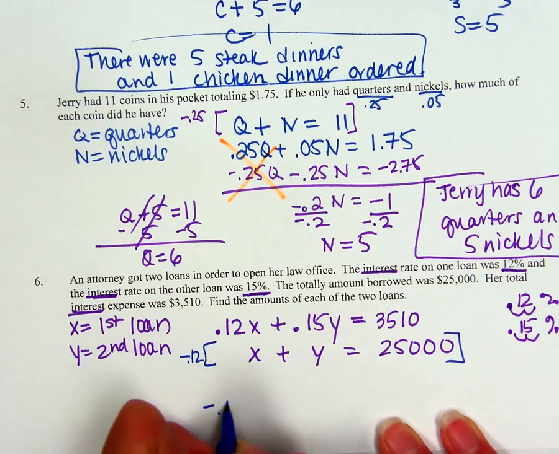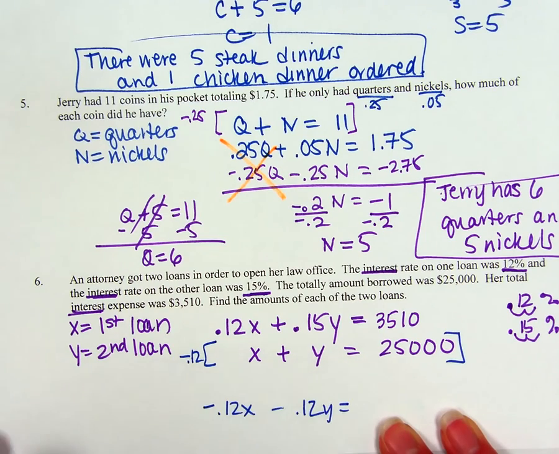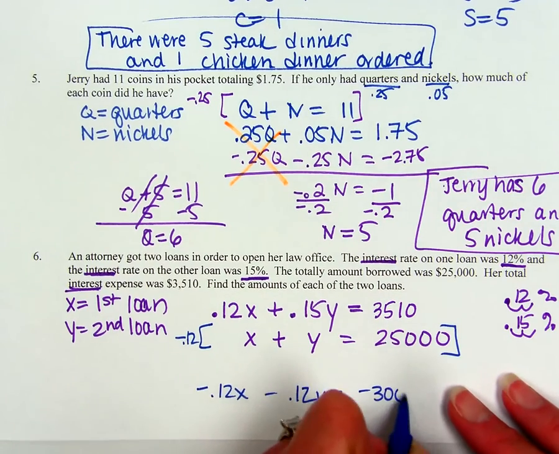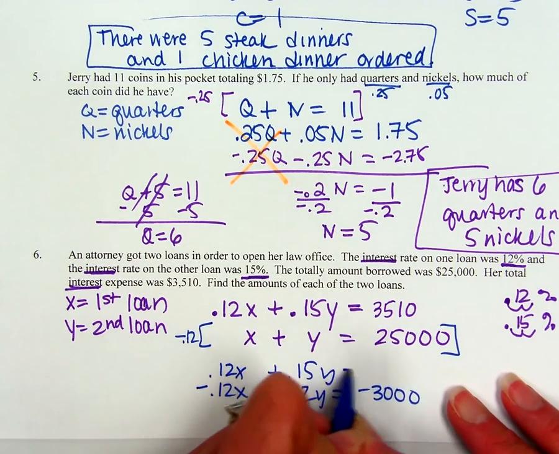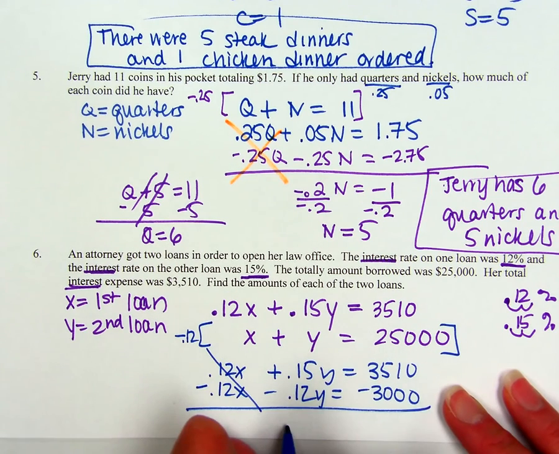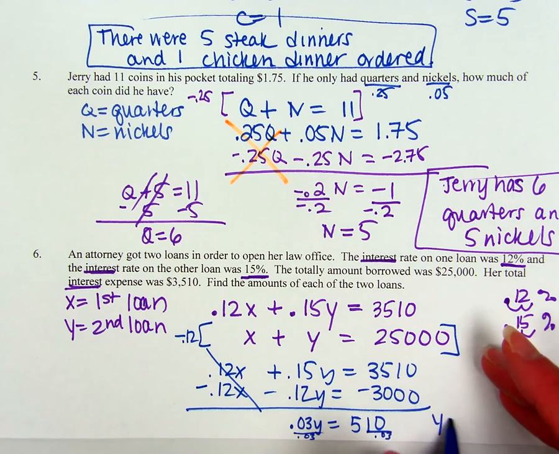And I get negative 0.12x minus 0.12y equals negative 3,000. Just going to copy the first equation over. And the x's cancel, and I have 0.03y equals 510. If I divide each side by 0.03, I get y equals 17,000.